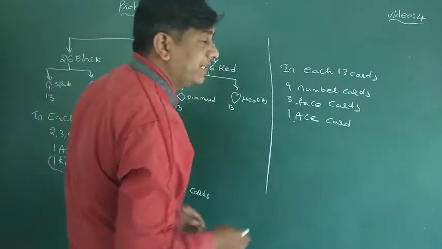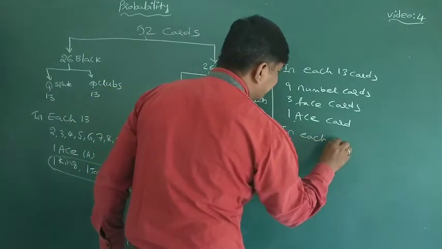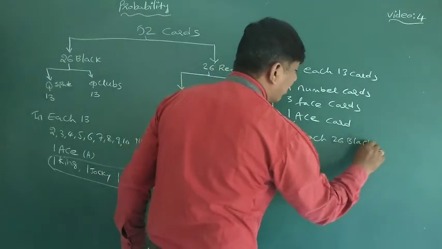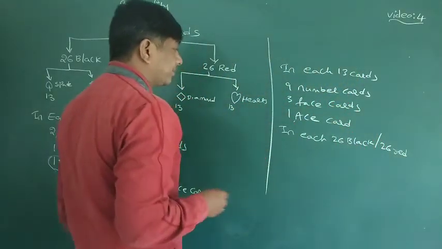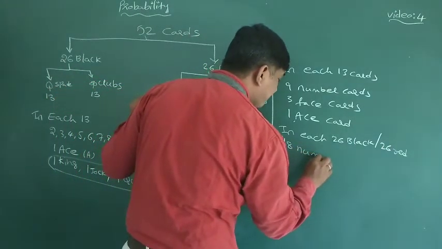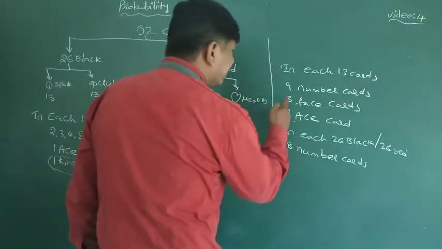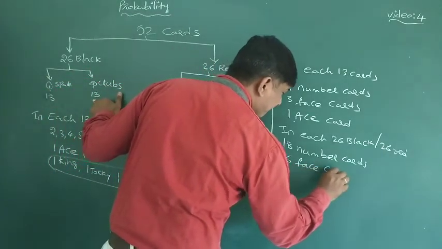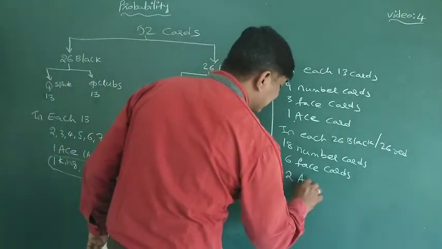That means in each 26 black or 26 red, among these 9 plus 9, 18 number cards will find, and 3 plus 3, 6 face cards will find, 1 plus 1, 2 ace cards will find.